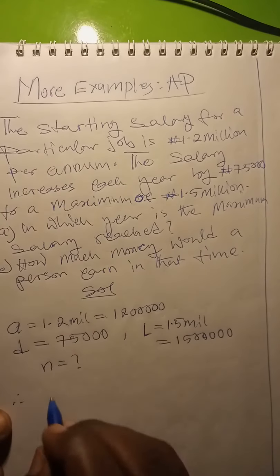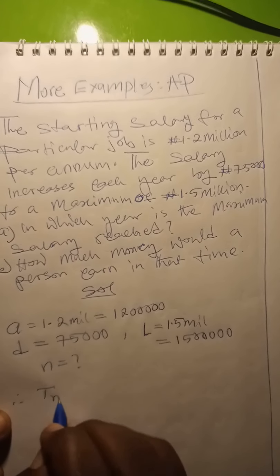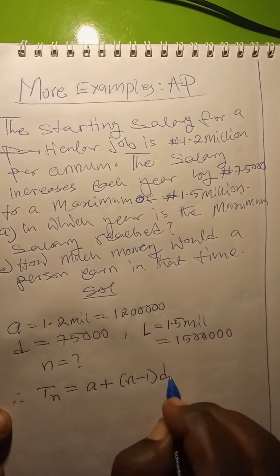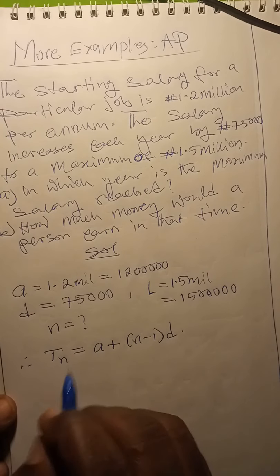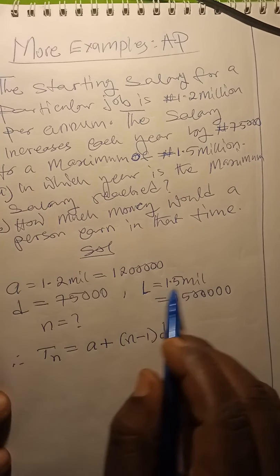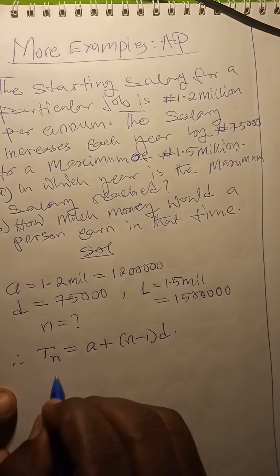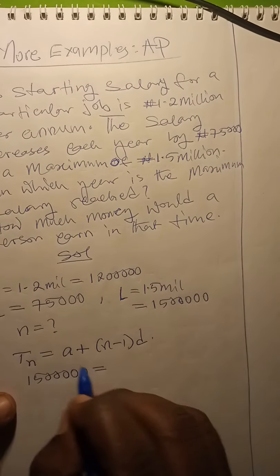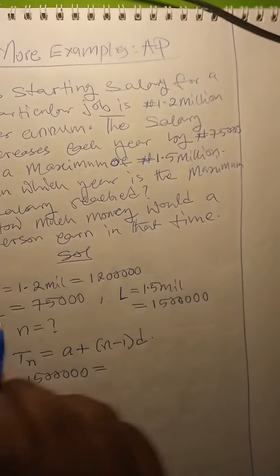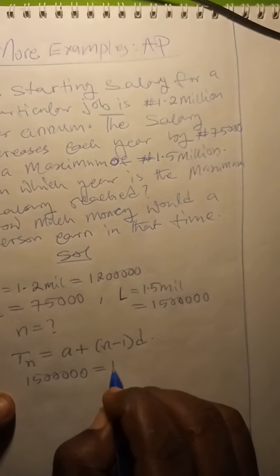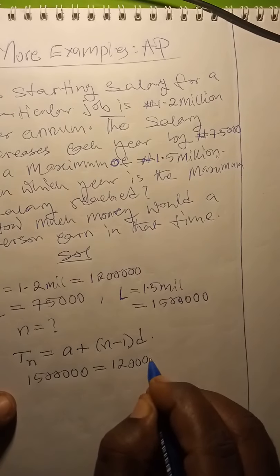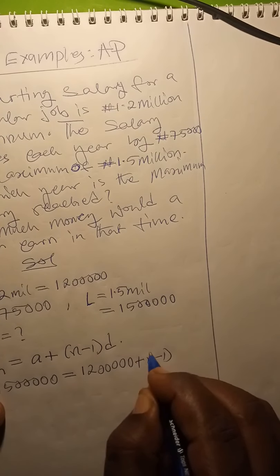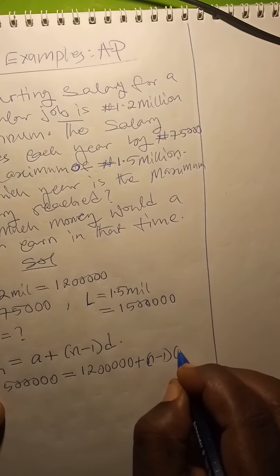We set up this formula. Remember, the nth term of an AP is A plus N minus 1 times D, and I can set this equal to L. So we have 1,500,000 is equal to the first term, 1,200,000, plus N minus 1 times D, where D is 75,000.